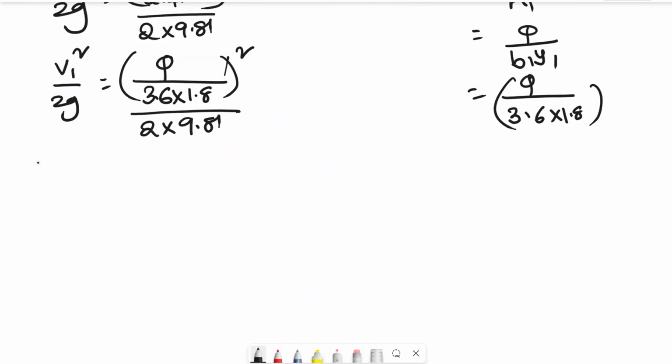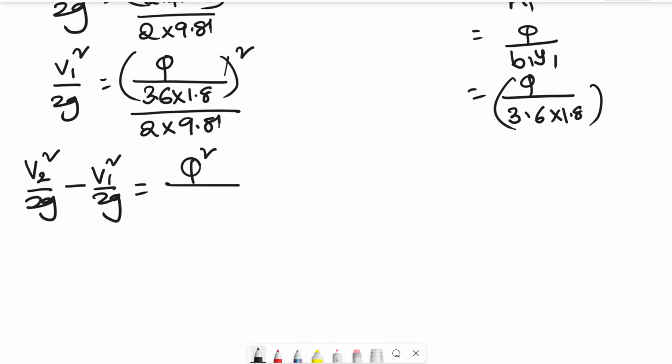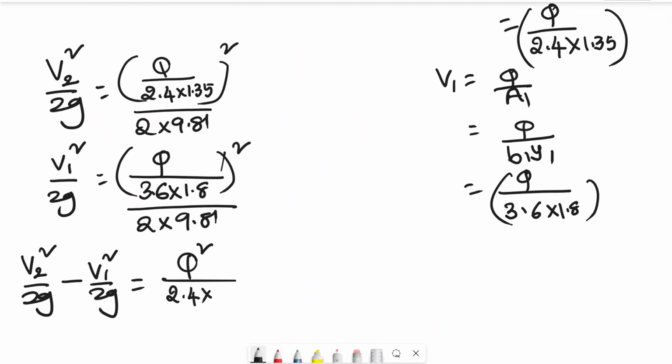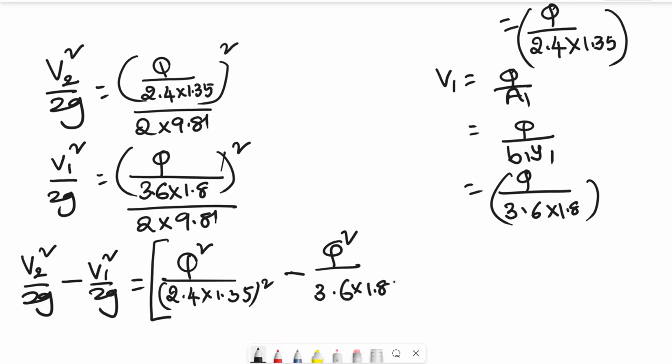So v2 squared by 2g minus v1 squared by 2g is equal to Q squared by (2.4 into 1.35) whole square, minus Q squared by (3.6 into 1.8) whole square, into 1 by 2 into 9.81.